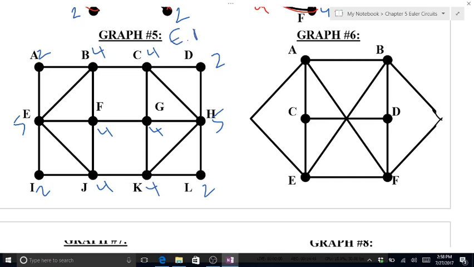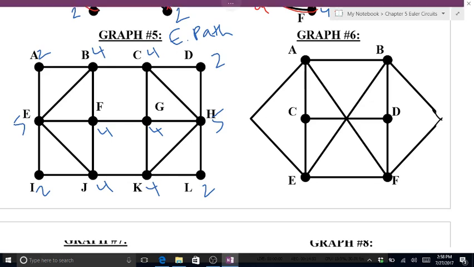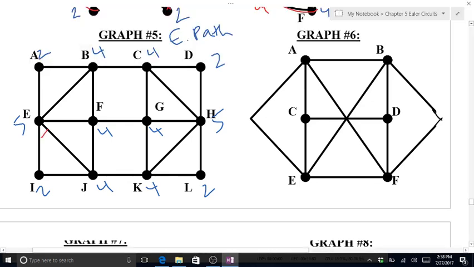This isn't a circuit. It should be a path. We've got two odd vertices at E and H. So here's 1, here's 2. Sorry about that. Start and end. Okay, so I need to start at an odd and end at an odd.